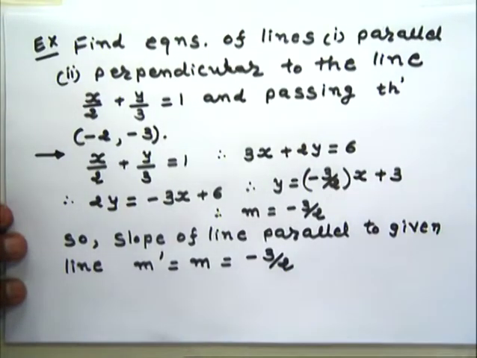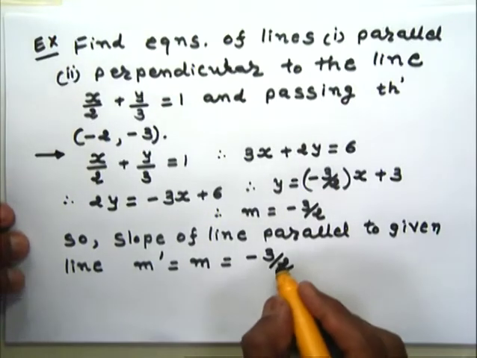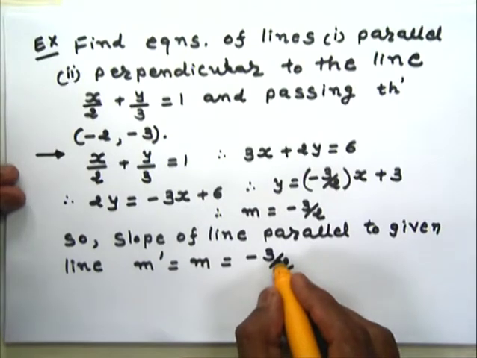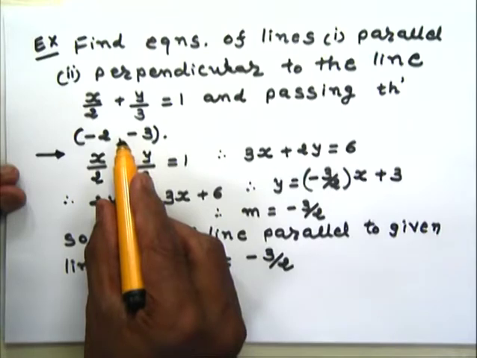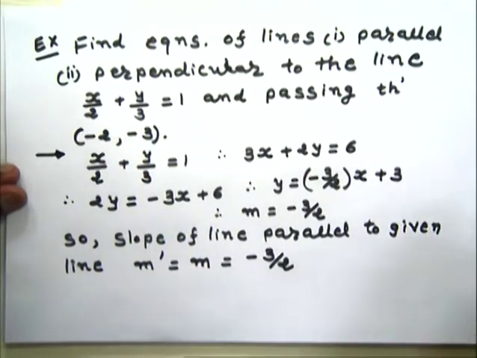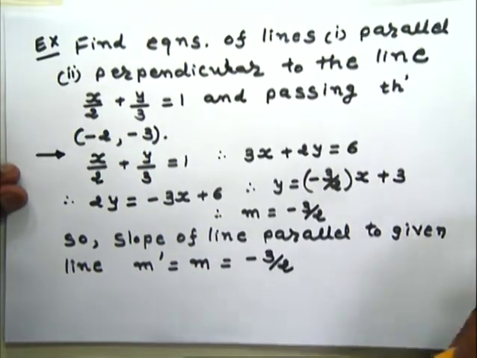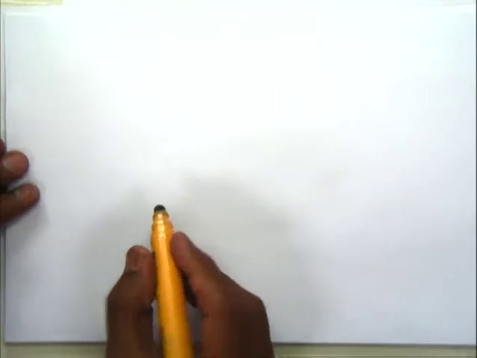So first we are calculating the equation of the parallel line. For the equation of a parallel line, you need the slope, it is there, and the point through which it passes. I have got the slope. Now I will be writing the equation as under.